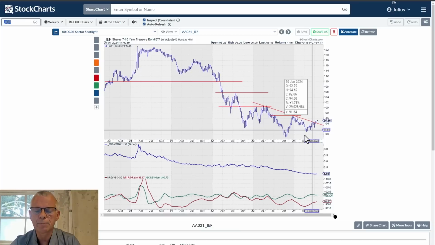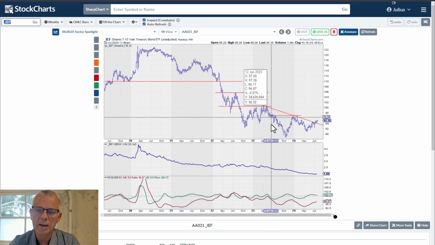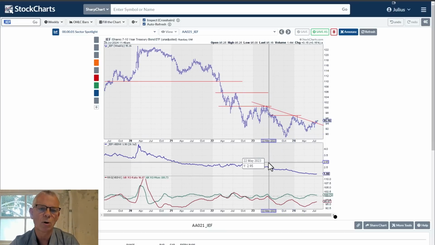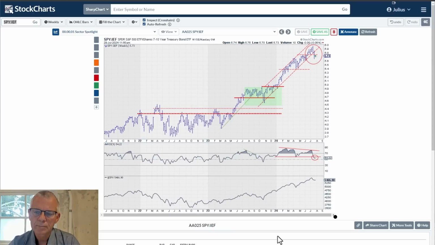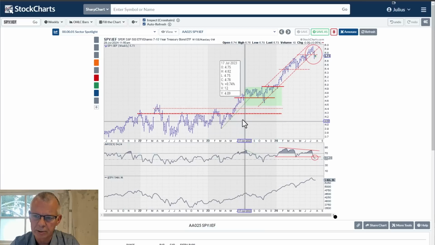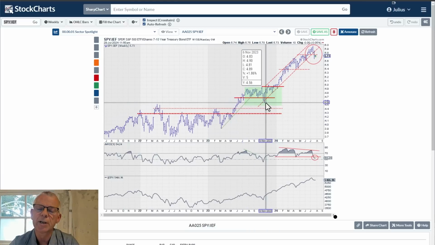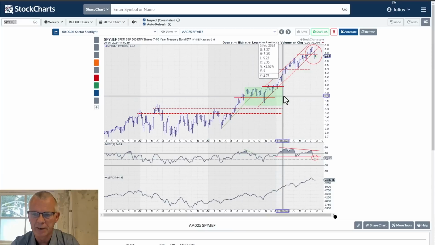And I think that's an important element to take into account and keep in the back of your head, because when you bring that up to the stock-bond comparison, and we can do that here with SPY versus IEF, taking the ratio, this chart has a very high correlation with the S&P 500.